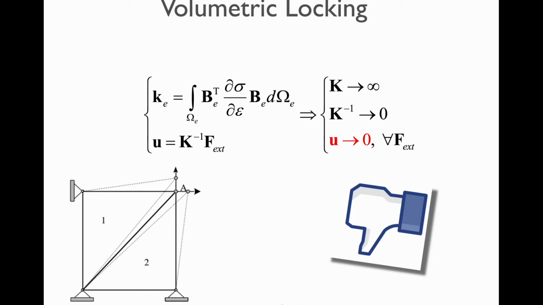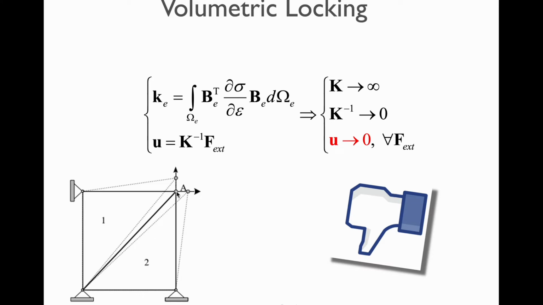You can see it also visually. Everyone is seeing this node A. This is an area. Under incompressibility, element 1 and element 2 must keep the original area. Let's imagine this node can move in the horizontal or vertical direction. It's a 2D problem, 2 degrees of freedom, but it will never move. Why?